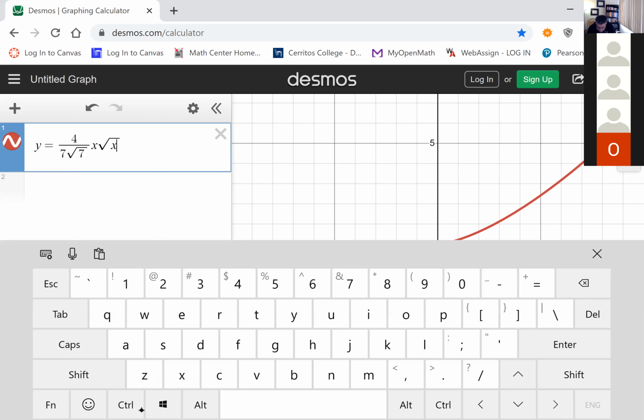Okay, and so we have that one, but we also have this one here. Well, we negate this thing. So let me copy and paste it.